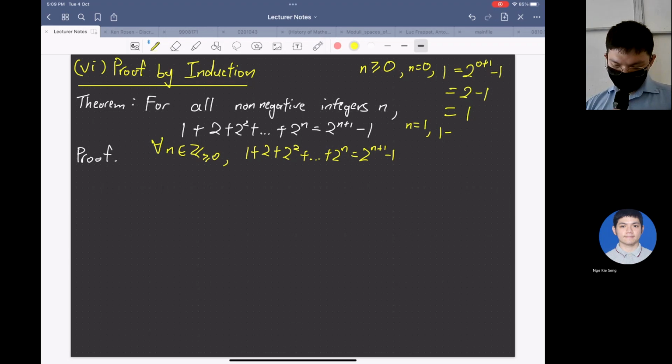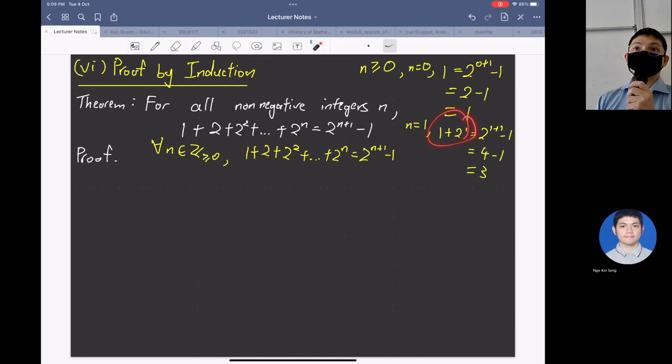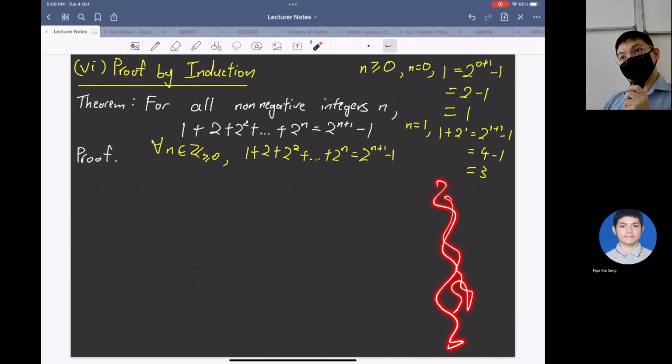I get 1 plus 2 to the 1, which is 3. The other side is 2 to the (1 plus 1) minus 1, which is 4 minus 1, which is 3. So both sides are 3. You can go on and check.